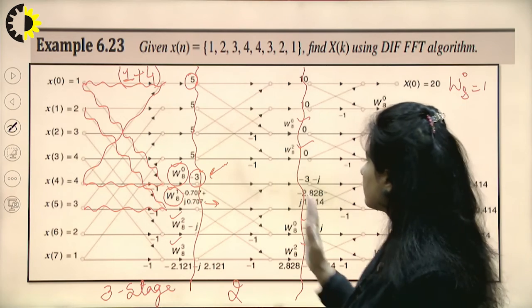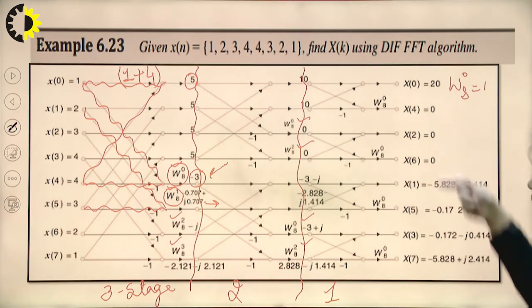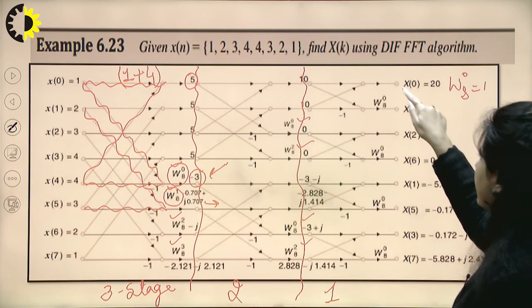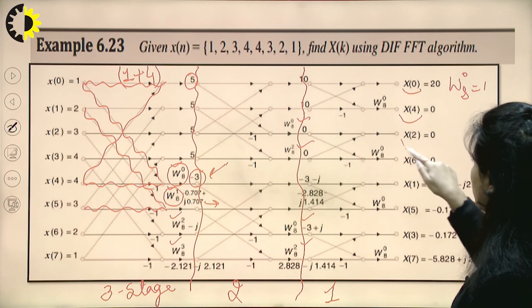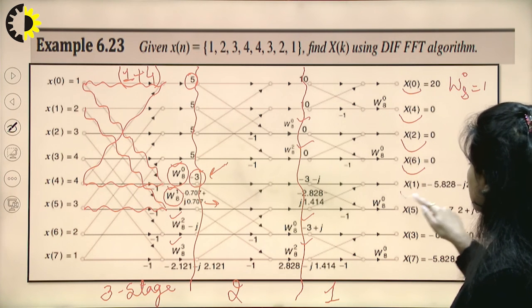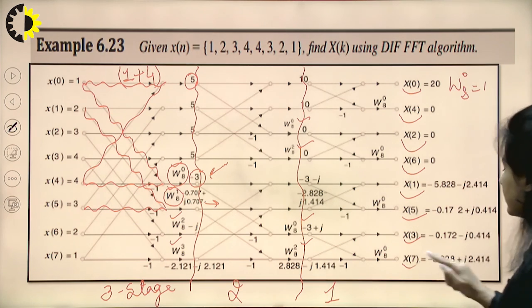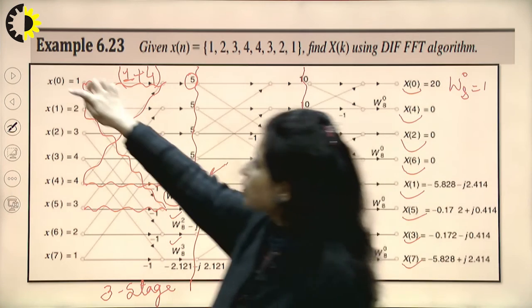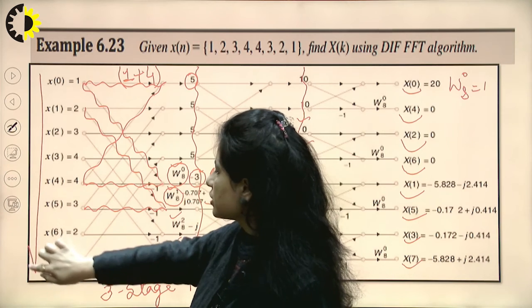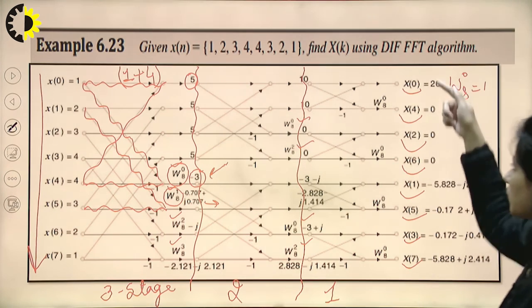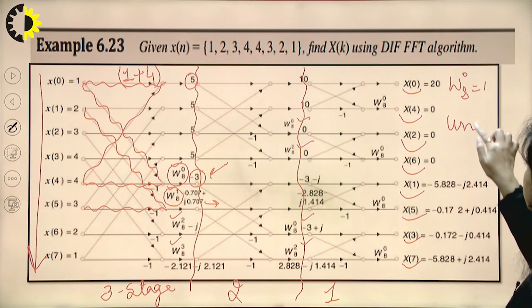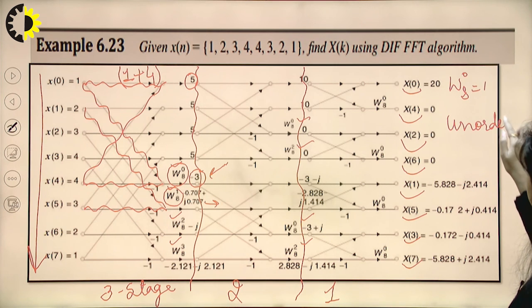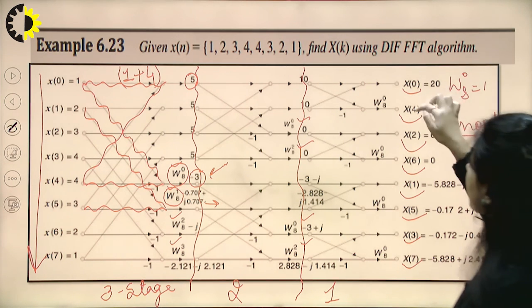So this pattern would be repeated, and at the output what do I see? X0, X4, X2, X6, X1, X5, X3, X7. It means the input was ordered in the sequence which I had provided, but the output is unordered. And the pattern of this unordering is even and odd.